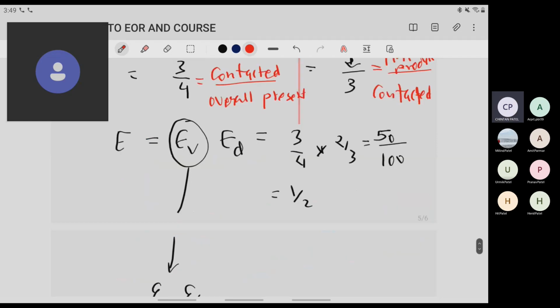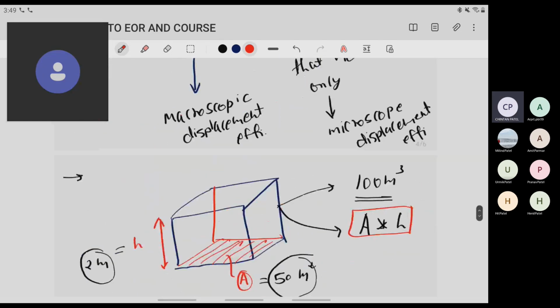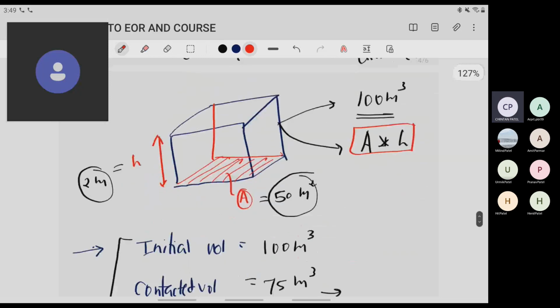Okay, so let's suppose, a quick question on this. I have a reservoir with an initial volume of 1000 barrel of crude oil, and it contacted for unit height.